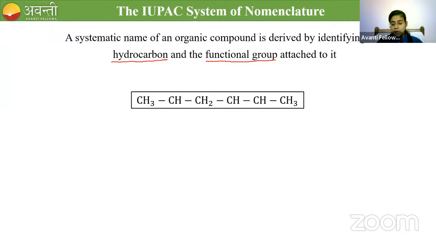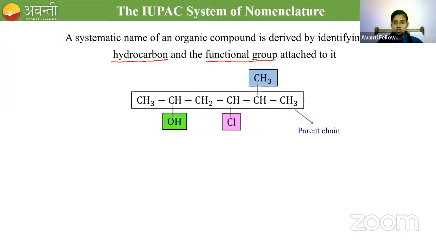This is the parent chain, the longest chain with the most carbons. Now this is the complete structure of the molecule. Here I have three substitutions. CH3 is a branch, and OH and Cl are the functional groups.